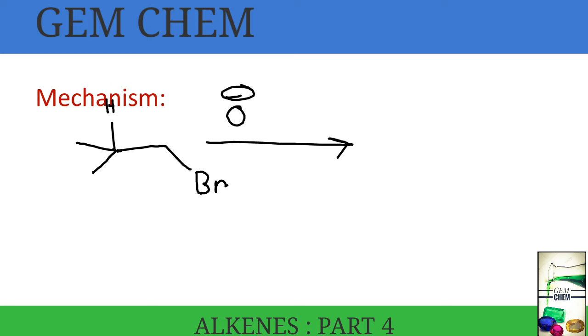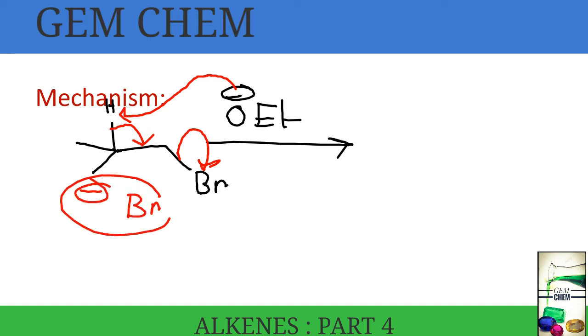So this base, which is ethoxide, attacks the hydrogen, abstracts it, leaves behind the electrons and the bromine comes out as Br minus. This is a good leaving group. Now the product is CH3, here CH2, and the new bond which is formed is this one.